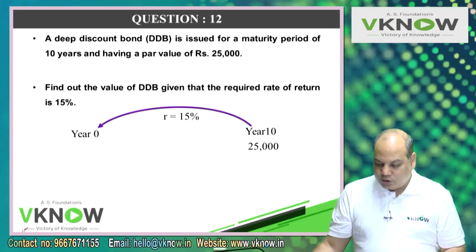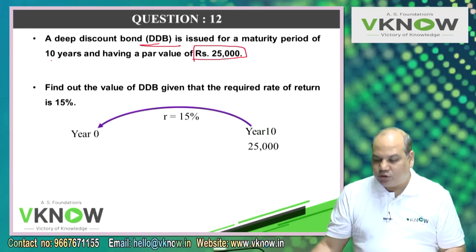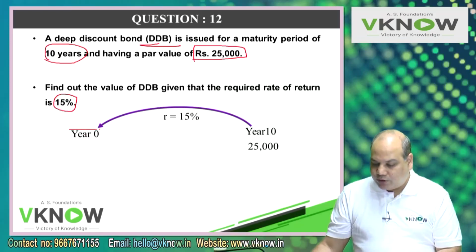Now you have to know the feature of DDB. A DDB will repay you the principal amount on maturity, which is after 10 years. And your required rate of return is 15%. With the help of this diagram I am trying to explain, you can draw also. We have to find the value of this deep discount bond today.